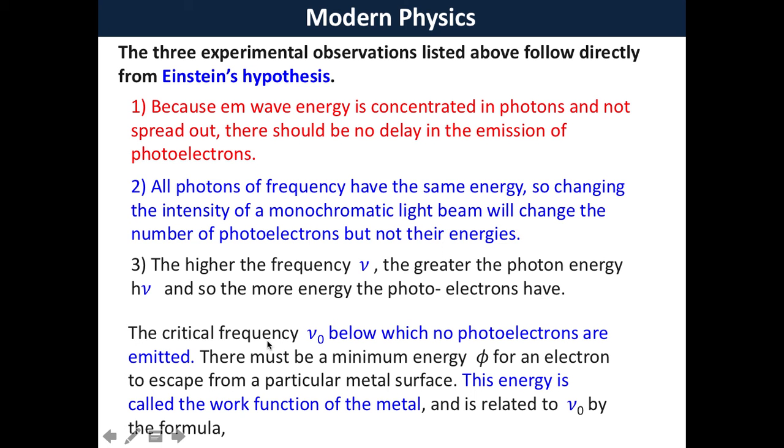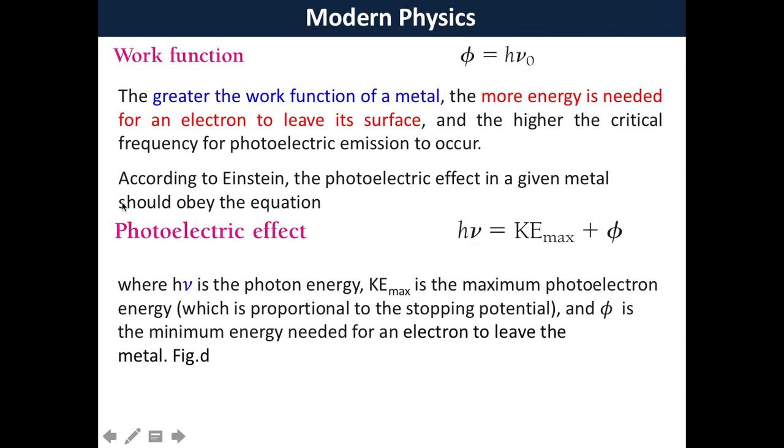That's why there is a critical frequency nu 0, below which no photoelectrons are emitted. There must be a minimum energy phi for an electron to escape from a particular metal surface. This energy is called the work function of the metal, which is related to nu 0 by the formula: the work function phi is equal to h nu 0.